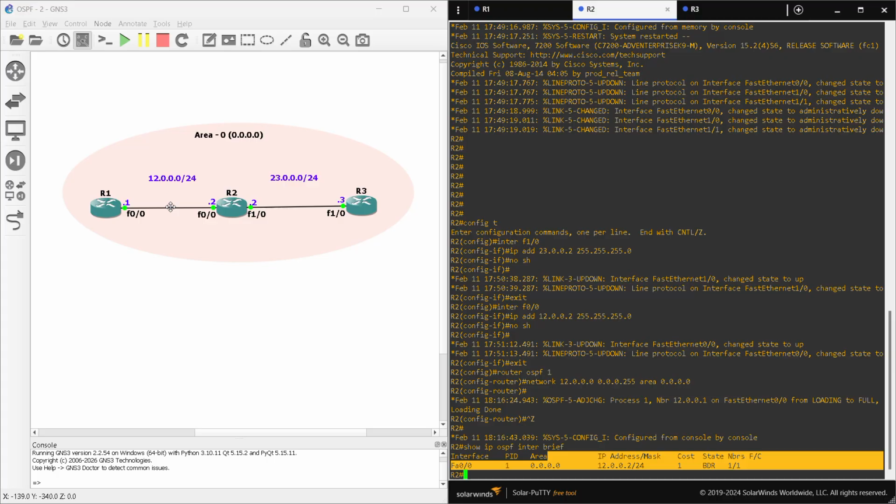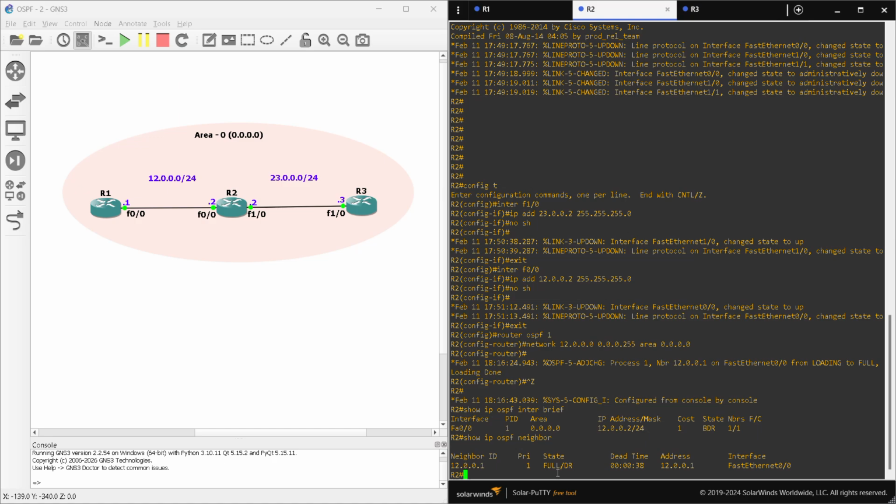And also let's check show ip ospf neighbor. It tells us this is the neighbor's router ID, this is the process ID, and this is the FastEthernet interface.